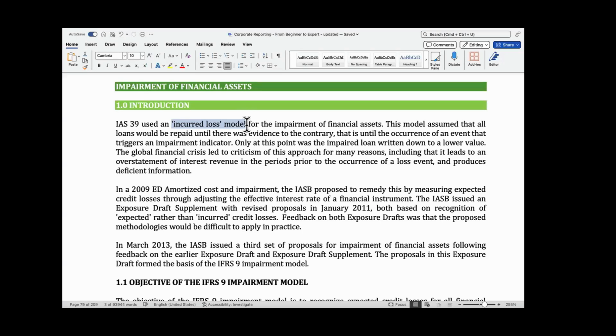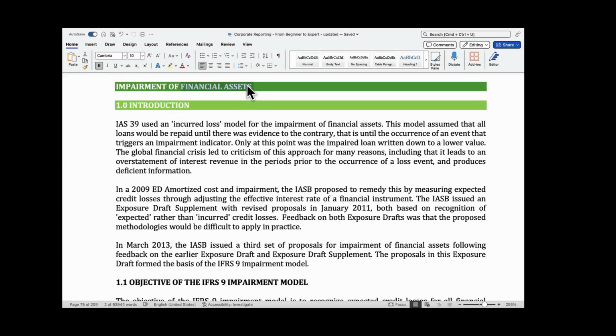So this cannot work. And always remember that when we talk about financial assets, we are talking about cash, investment in equity, and also investment in debt. The only one that can impair in those three is debt. Cash cannot impair, except if you have money in Heritage Bank. Sorry to say, that one has been impaired.